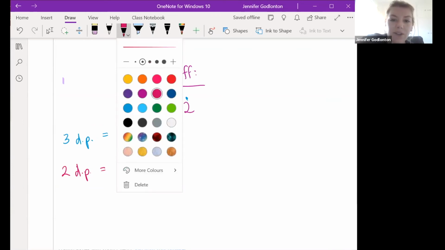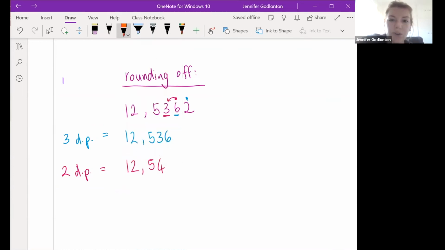If I wanted to round this off to 1 decimal place, don't worry, guys, I haven't forgotten about Brian. I'm getting lots of questions about rounding, so I just want to make sure we're all on the same page. 1 decimal place is here. Okay, so we look at the number on the right and it's a 3. 3 is smaller than 5. So my answer would be 12,5.